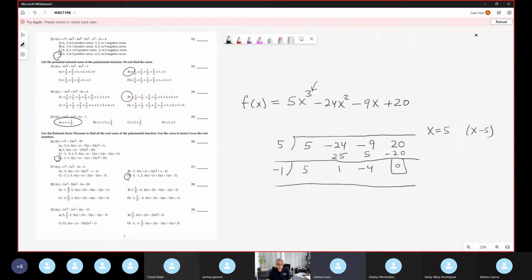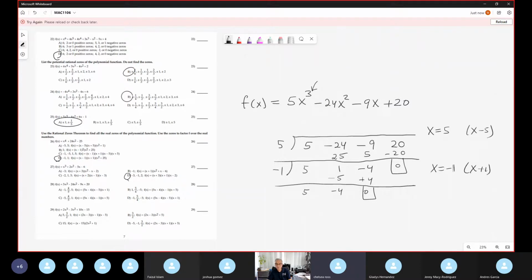Now, bring down 5. 5 times negative 1 is negative 5. And this is negative 4, and negative 4 plus negative 9 together, positive 4. 0 remainder. We discover that it's x equals negative 1, and the factor is x plus 1.